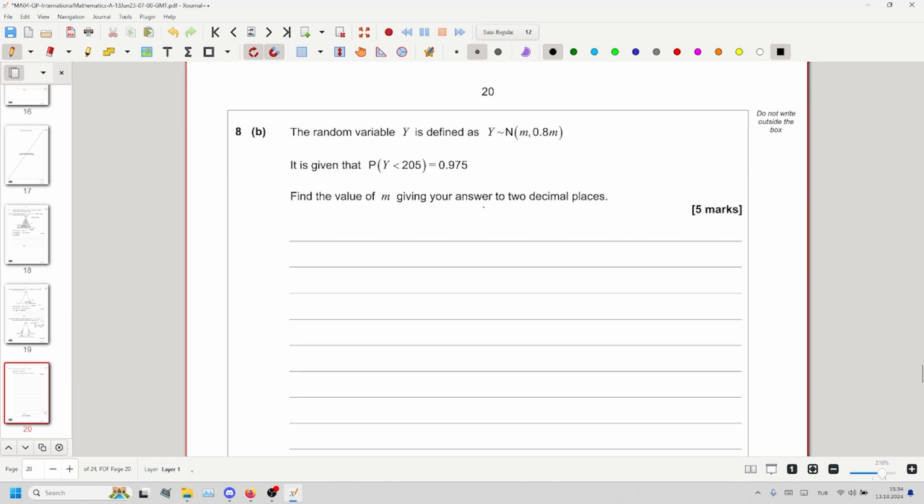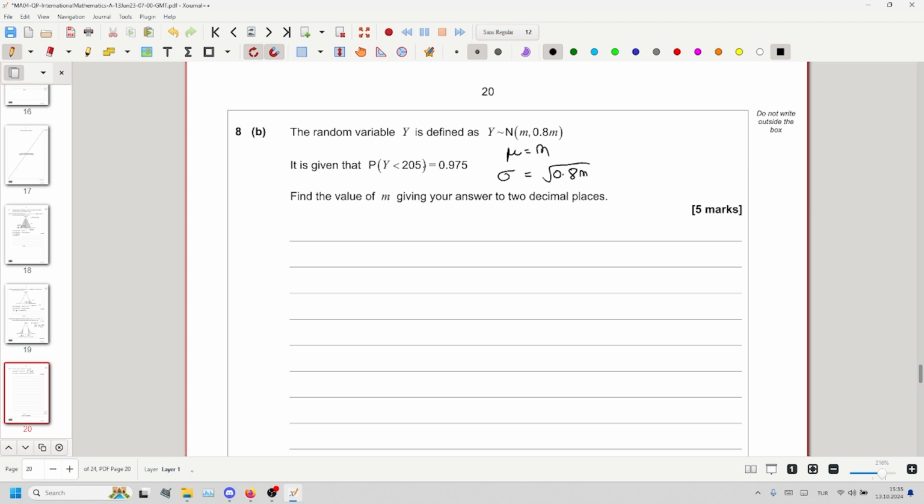It says that the random variable y is defined with a normal distribution with mean m and variance 0.8 m. So that would mean the sigma is the square root of 0.8 m. Now it tells us that the probability of y being less than 205 is 0.975.